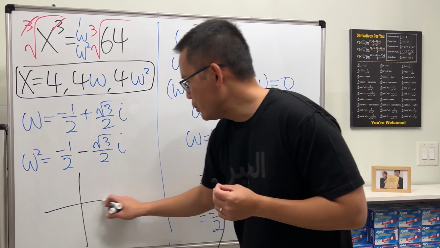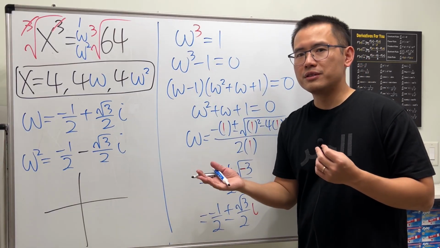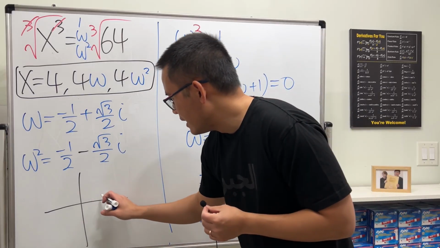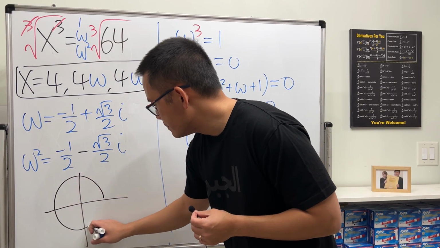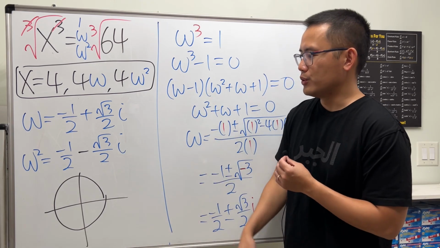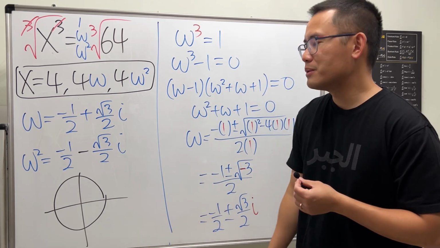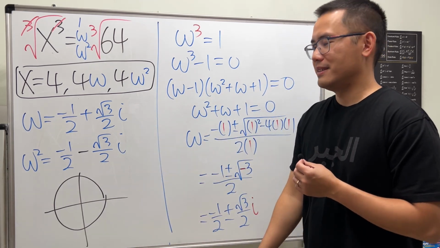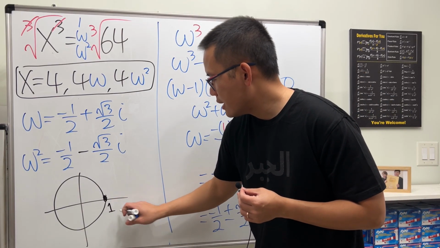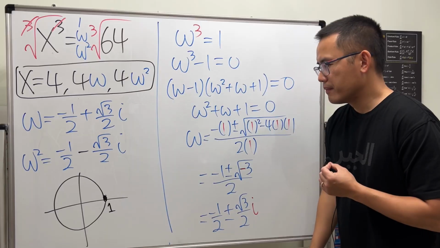Here is the beauty behind the unit circle and the complex number. Let's have a look. On the unit circle, the whole thing is 360 degrees, or we should use radians because we're all adults now. The whole thing is 2 pi, yeah? Here, this is 1. We want to end up with 1.